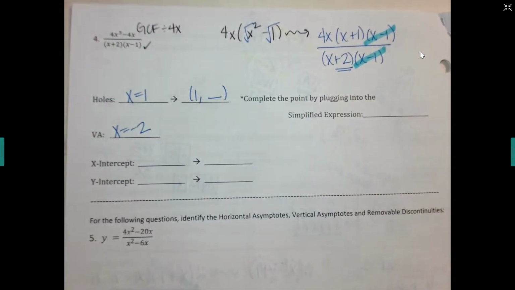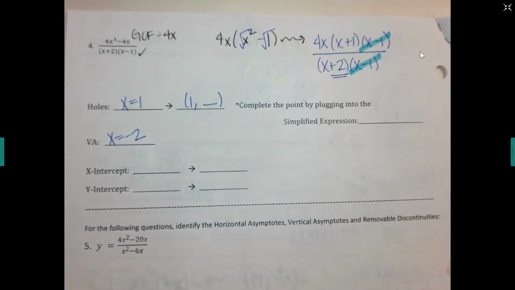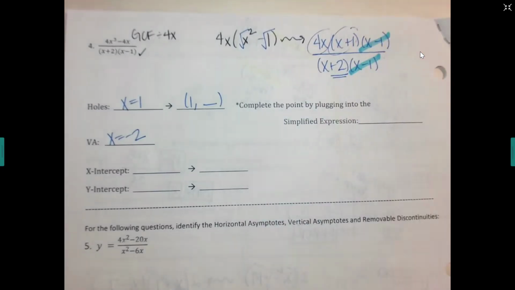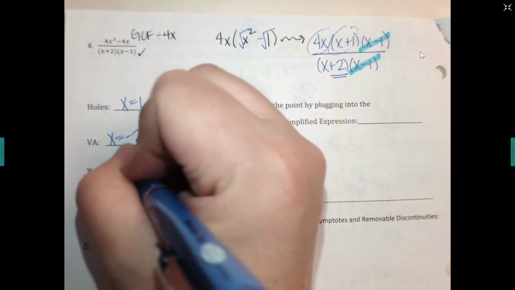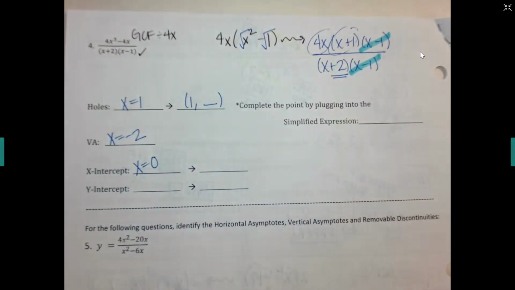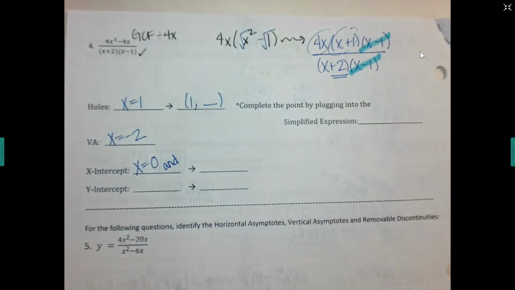Okay, then my x-intercepts come from x's left on top. Question, how many x's are left on top? 2. Then I'm going to have 2 x-intercepts. The x on the outside gives me what answer? 0. Remember, x on the outside means 0. And I have an x with a +1.